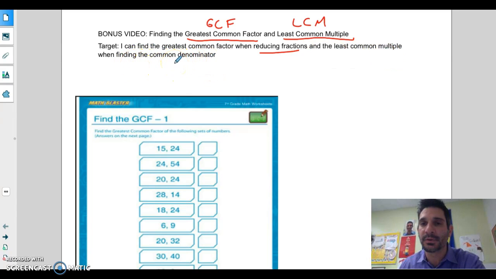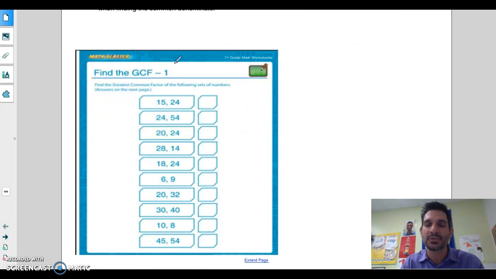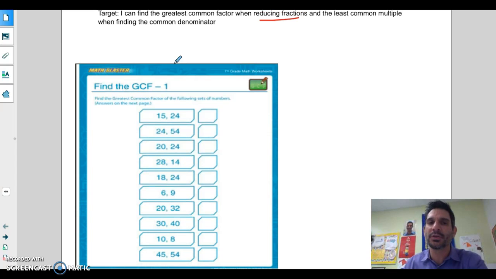In the past, what we've been doing is just multiplying the two denominators and using that as our denominator. But that's going to get difficult as our fractions get bigger. So one thing we're going to do with greatest common factors is use a prime factorization tree.